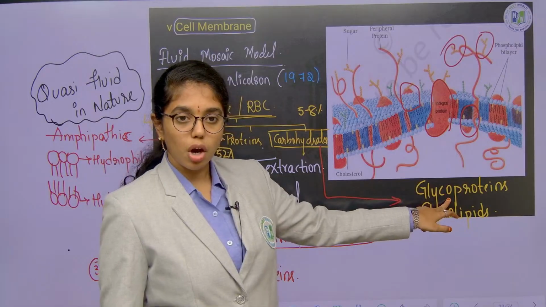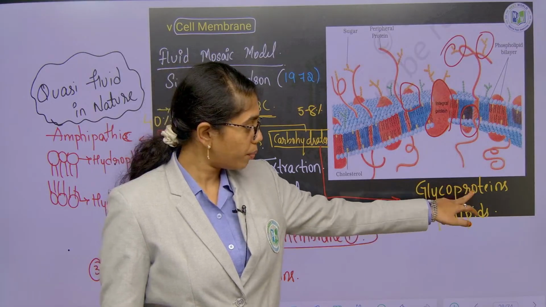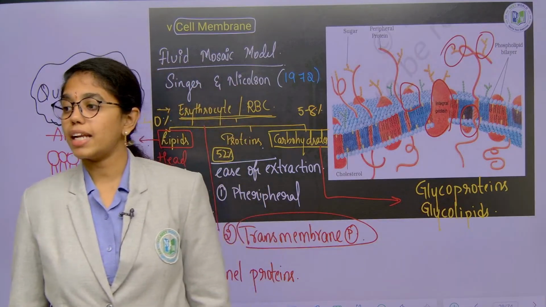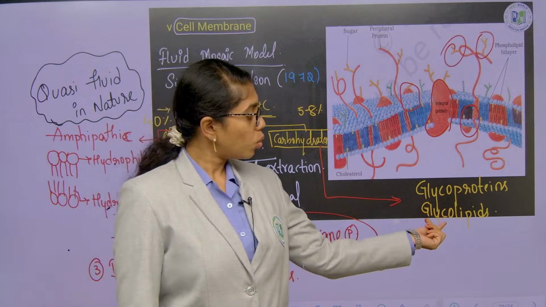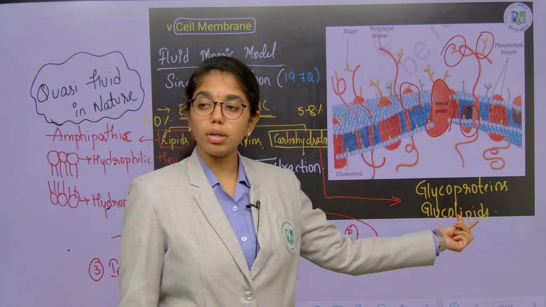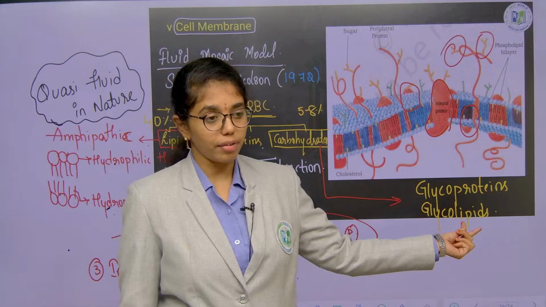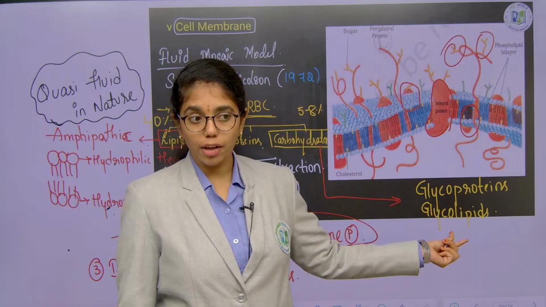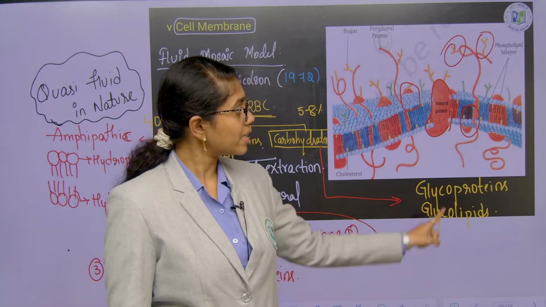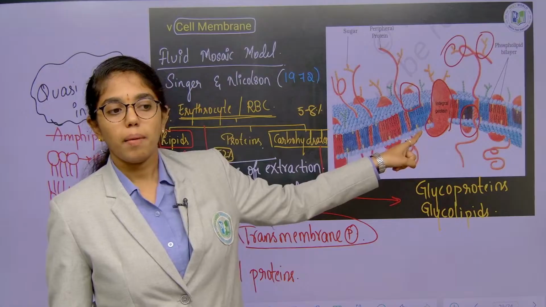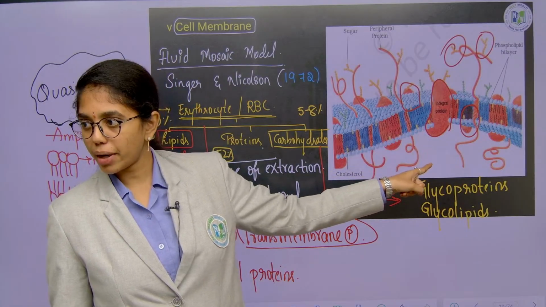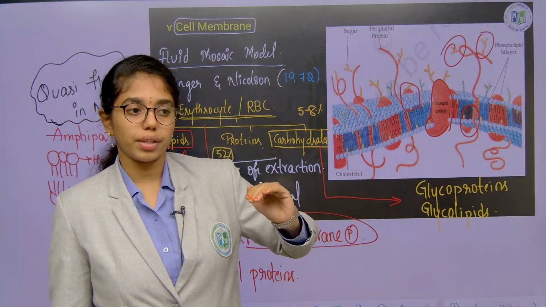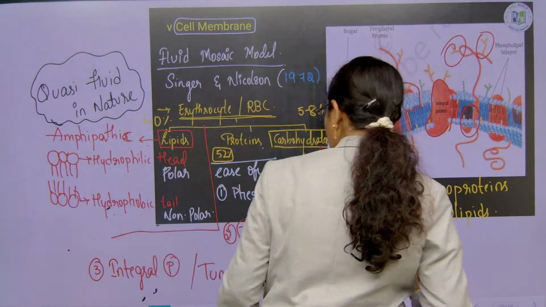Glucose units or sugar molecules adjoined with proteins are known as what? Glycoproteins. This is known as glycosylation of proteins, and sugar units attaching to lipids is known as glycosidation of lipids. The process happens inside the Golgi bodies. Glycoproteins and glycolipids are synthesized in the Golgi bodies and transferred to the plasma lemma. Plasma lemma is another name for the plasma membrane. I am using all the synonyms so that you get used to them.